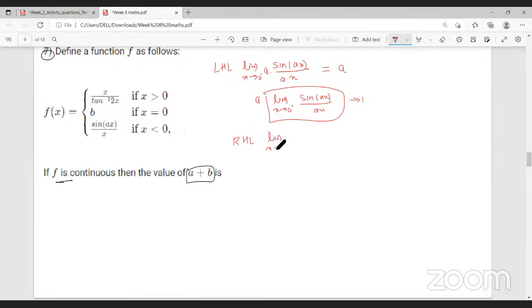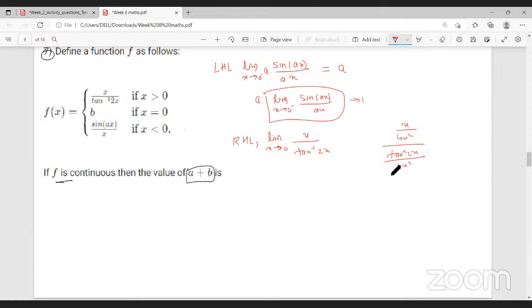Right hand limit, x tends to 0 positive, tan inverse 2x upon x. Tell me how to do this. We have to divide both sides and multiply by 2x. Okay, L'Hopital rule? Tell me first. Dividing by 4x square, numerator and denominator. Why 4x square?